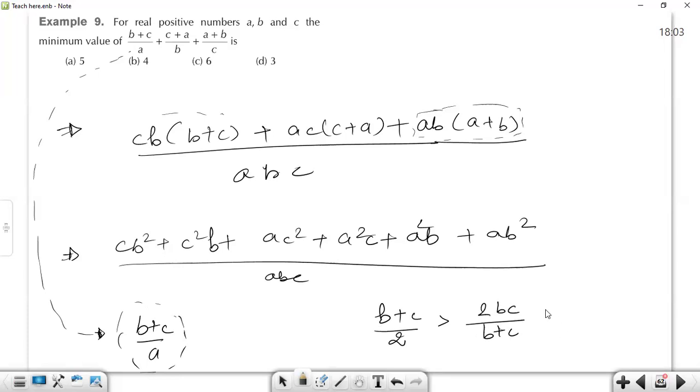Writing it further, b plus c whole square is greater than 4bc. Now let's expand this. b square plus c square plus 2bc is greater than 4bc. Now b square plus c square comes to the left hand side, and 2bc, so we get greater than 0.